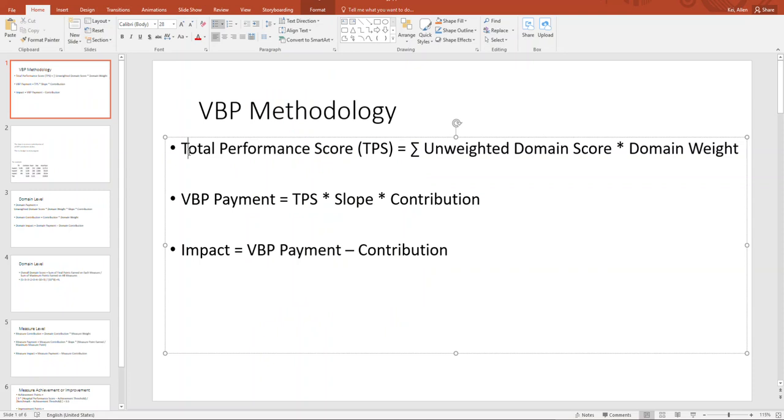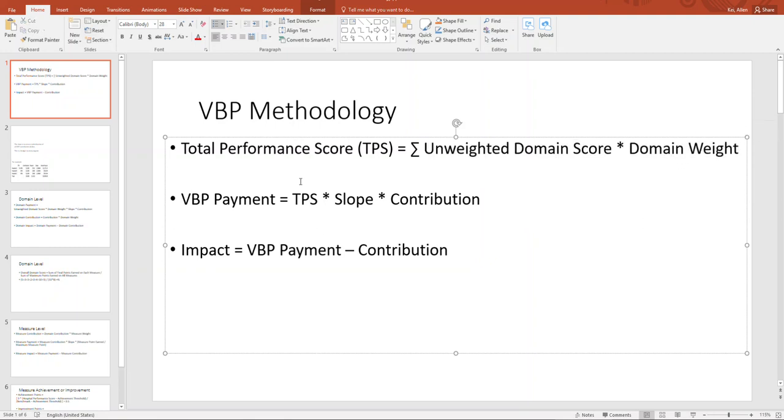You will have a domain score for each domain, and then there will be a domain weight per program in different fiscal years. The weight might change in different programs. The total performance score is just the sum of the domain weight times your domain score, which will give you a number between 0 and 100%.